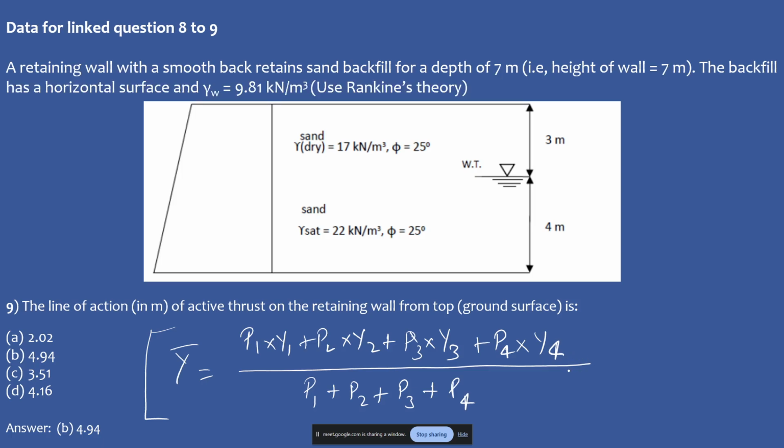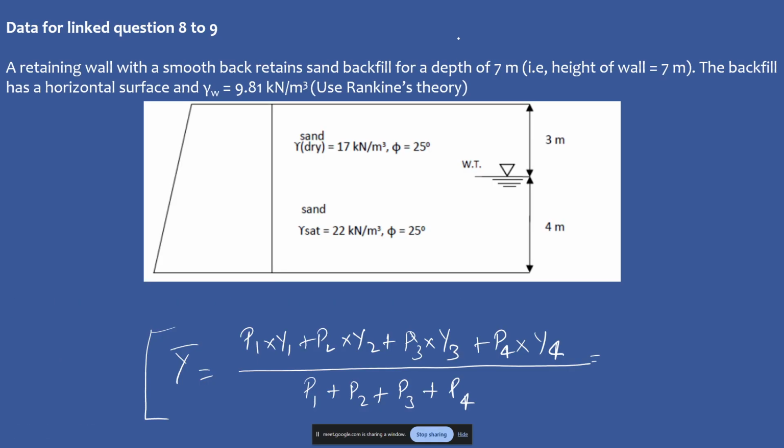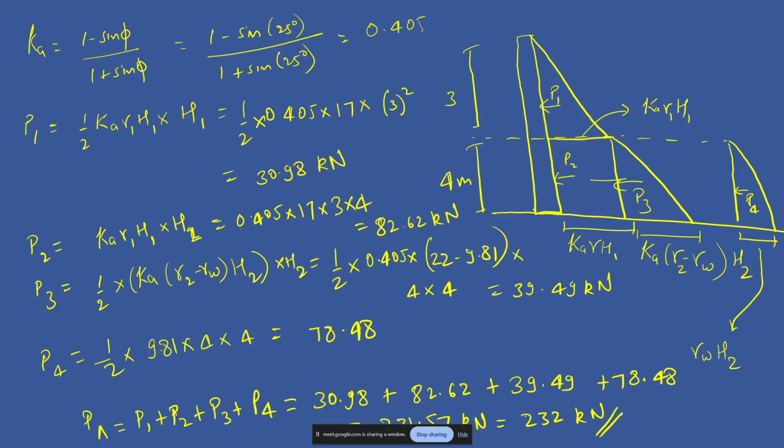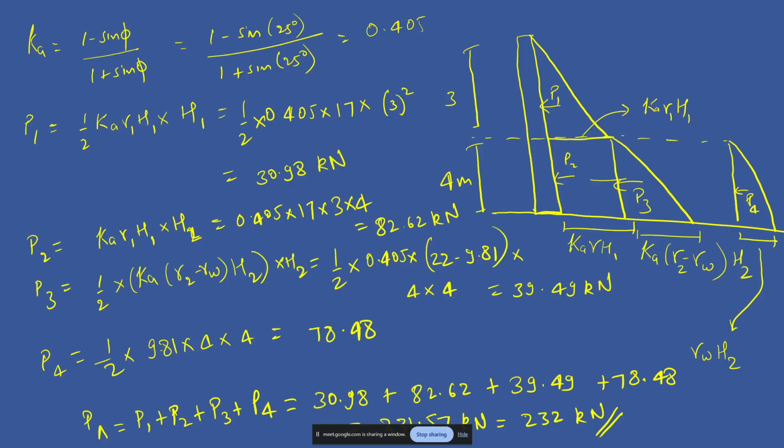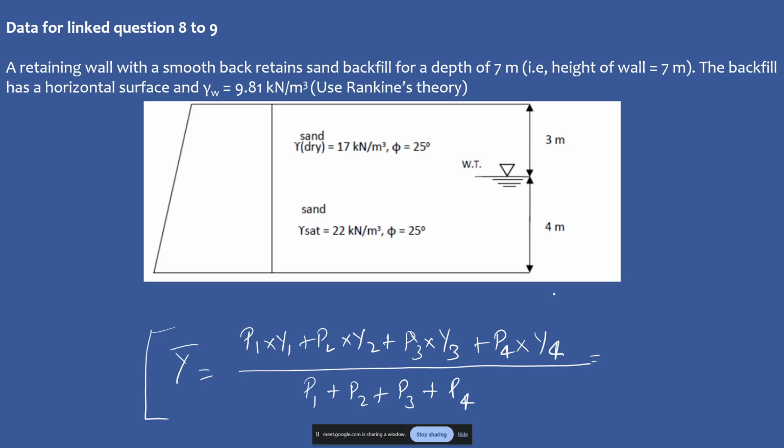Let's calculate this. We know your P1 is acting at 2 by 3 of 3 meter, which is basically 2 meter, so 2 into 30.98.